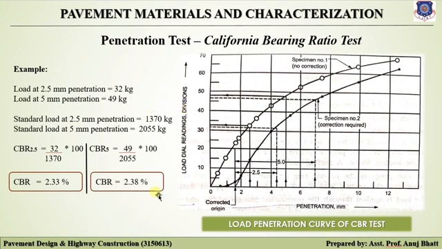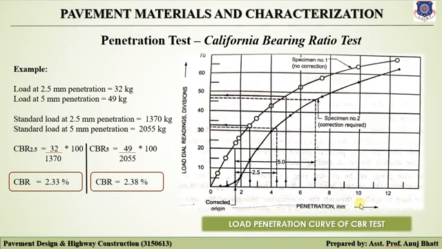This load value may be converted to pressure values, and the pressure versus penetration curve may be plotted. Here we have penetration values on the x-axis, and on the y-axis we have load dial readings as divisions. Here the penetration value is in mm.